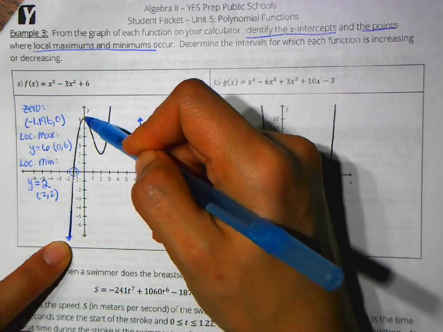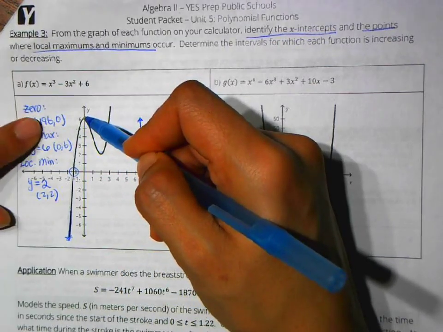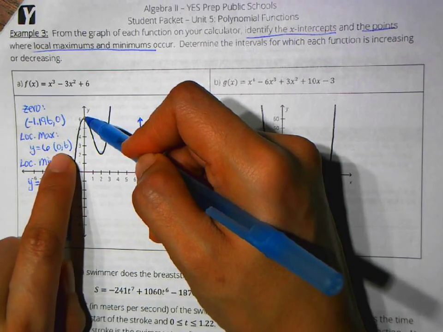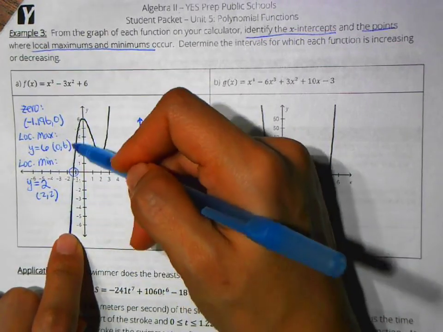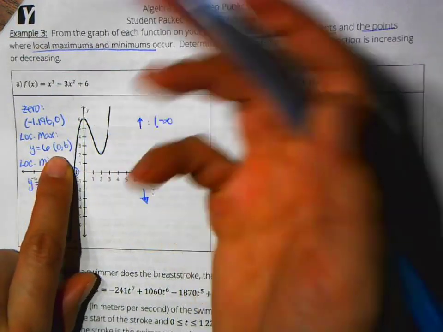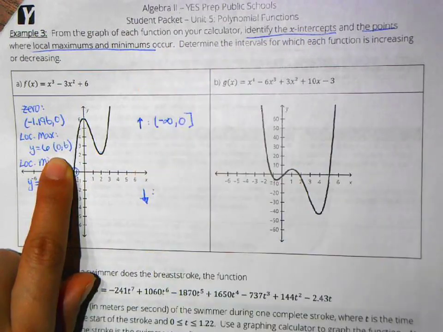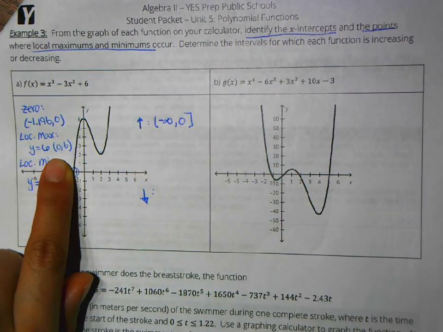And this is my local maximum point. Local maximum happens at 0, 6. That means the graph stopped increasing at x equals 0. So from negative infinity to 0, that's when the graph is increasing.